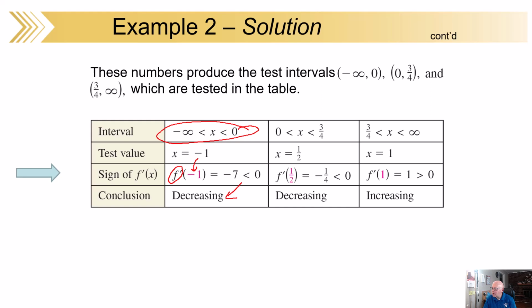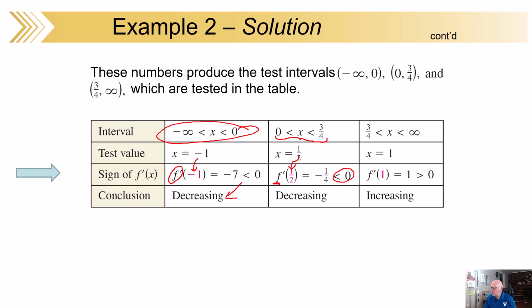On the second one, we put that test point into the derivative. We get a -1/4, a value that's negative. That means that this function, f, is decreasing, because you get a negative number here, and that's anywhere in this interval that we found by critical points.